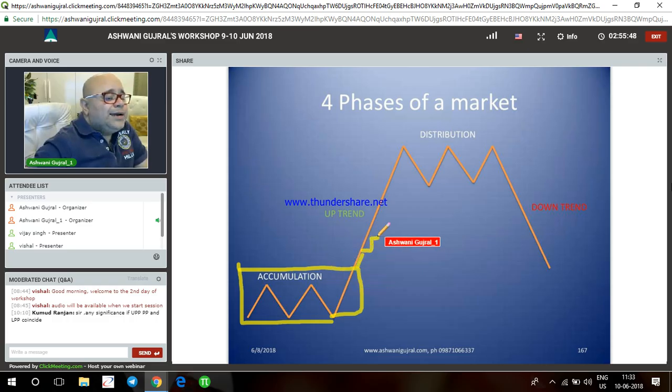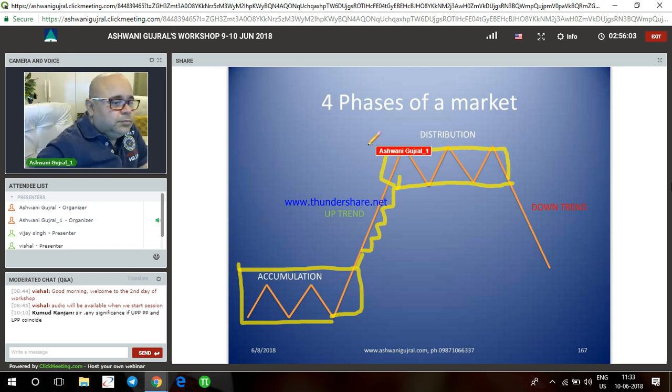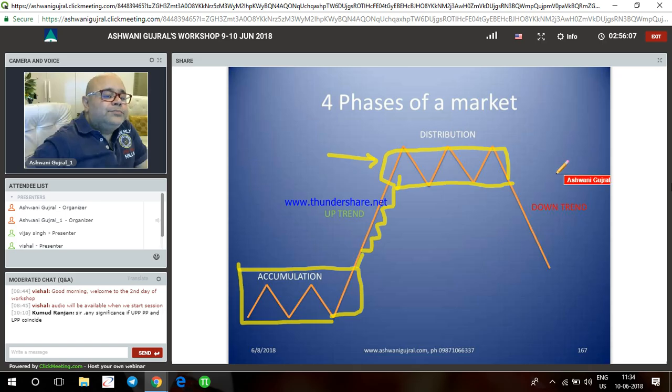And this is where retail gets in and it tries to take the prices higher till it reaches an unsustainable price and the large institutions look to sell or distribute the stock, and this is where retail is overexcited. Once they are done distributing, the price comes down as retail investors cannot take losses and start to cut positions.